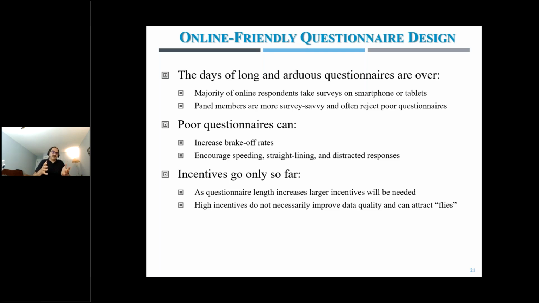As questionnaire length becomes longer and longer, you need to have more and more incentive, which can become very cost prohibitive, very fast. And then on the other hand, there are studies that show that incentives may not necessarily improve the quality of data. So don't bank on incentives, and be careful about that.